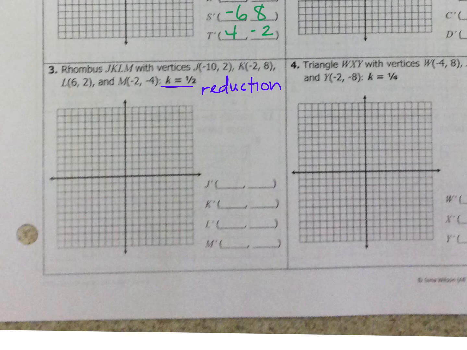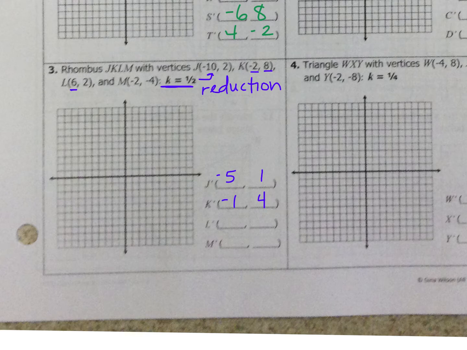And again, all we're doing is multiplying. -10 times 1/2 is -5. 2 times 1/2 is 1. -2 times 1/2 is -1. 8 times 1/2 is 4.